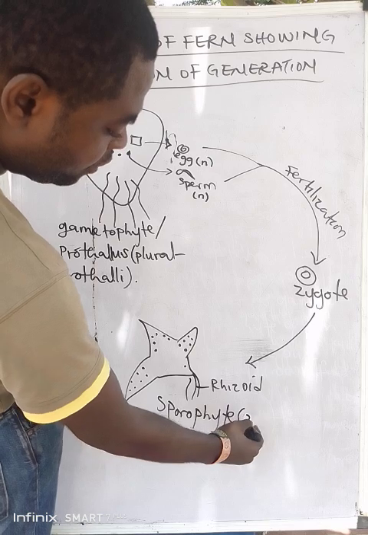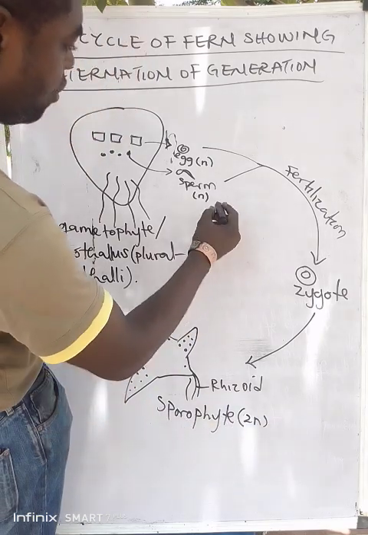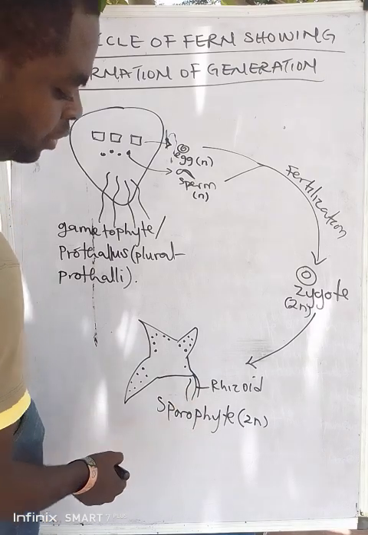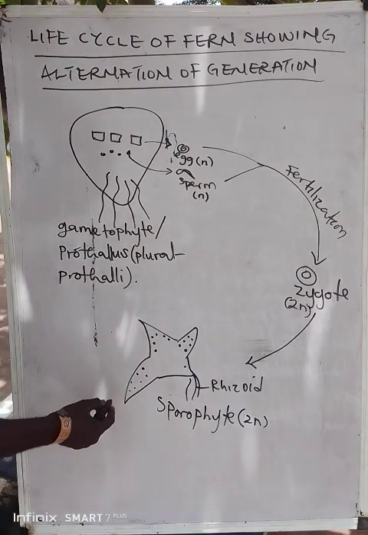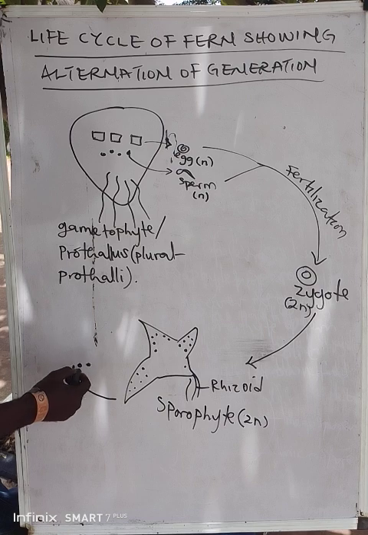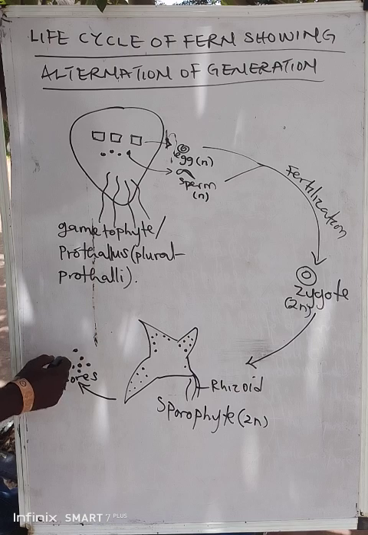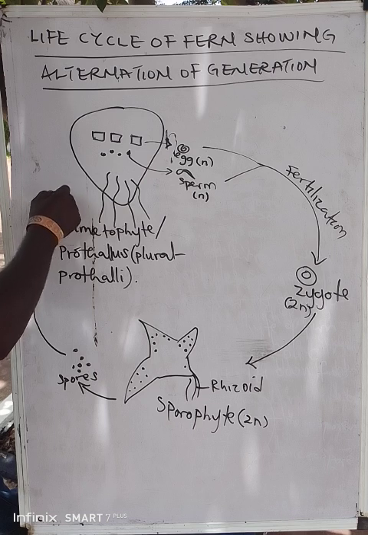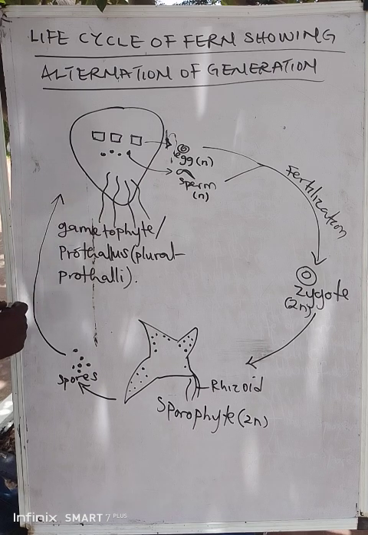And this sporophyte is 2N. Don't forget, as N combines with N, the zygote is what? Is 2N. And that 2N is sporophyte. So the sporophyte, when it grows, it produces spores asexually. And when these spores are carried by wind, and get to a place where the environmental condition is favorable, it germinates.